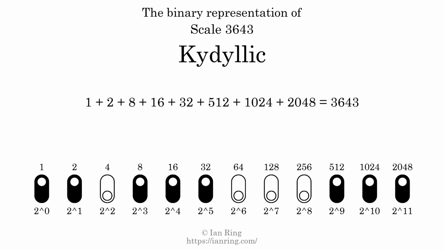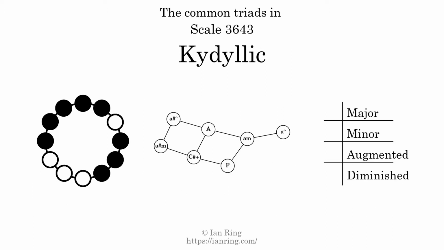That is why the scale number, in decimal, is 3643. The scale number not only enumerates the scale with a unique index, but it also literally describes the tonal content of the scale. Represented as a binary number in base 2, the scale number is 1110001111011.